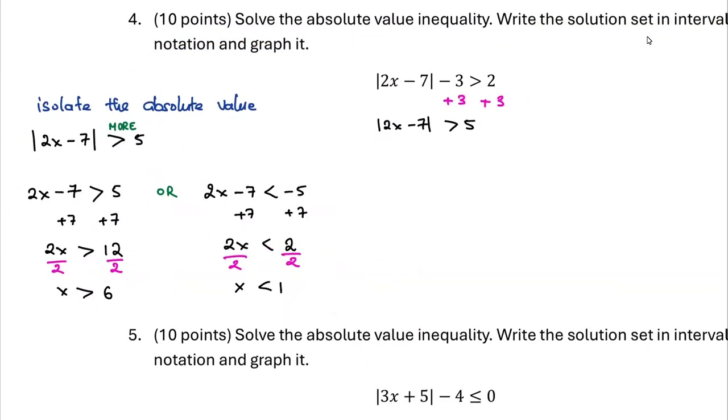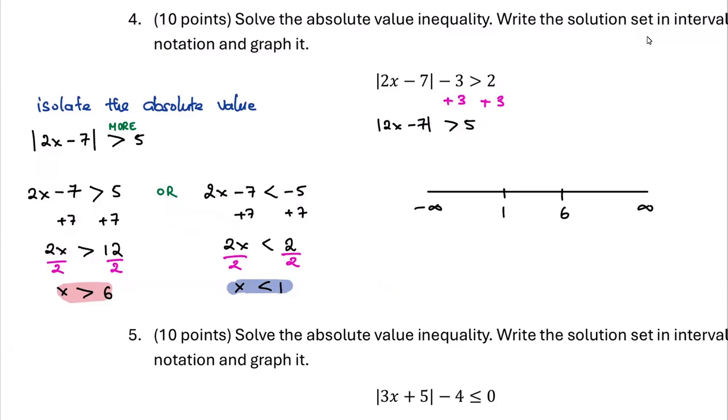Okay, so let me use a different color so I can notate it. So I use a red color for the x greater than 6 and the blue color for x less than 1. Let's do the graphing right now. So this is negative infinity, positive infinity. I get 1 right here, I get 6 right here. So let's do the highlighting.